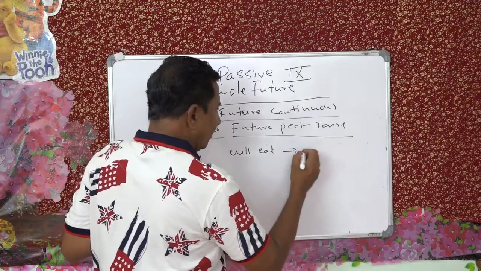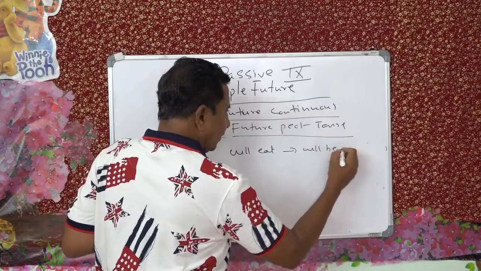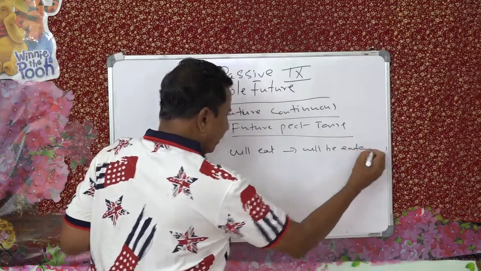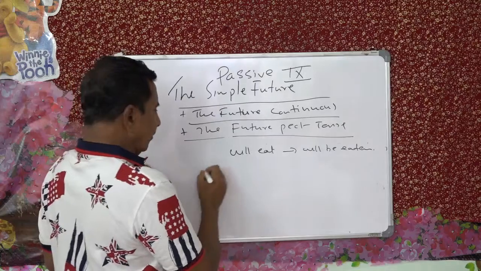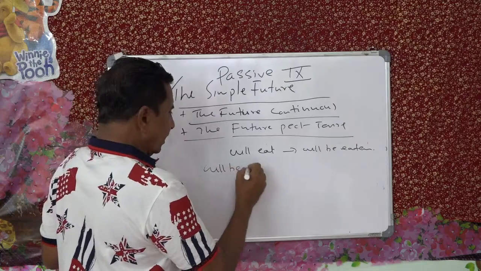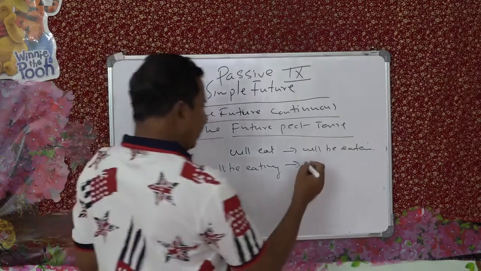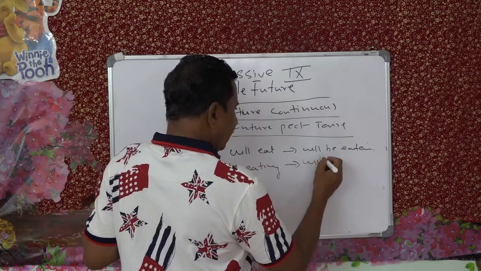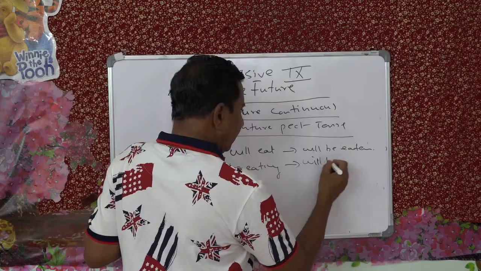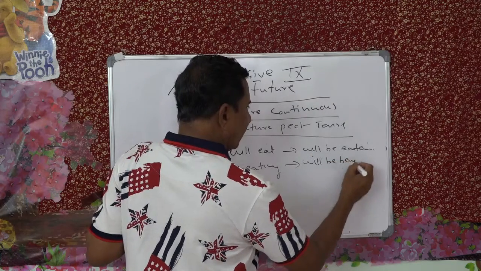Passive will be eaten. Then continuous, will be eating, and passive will be being eaten.